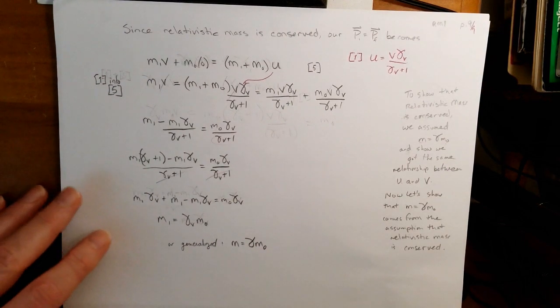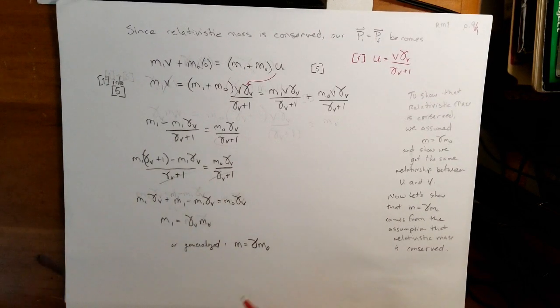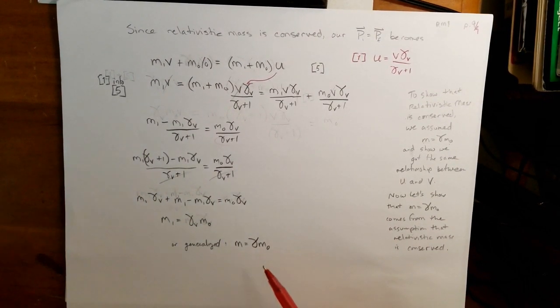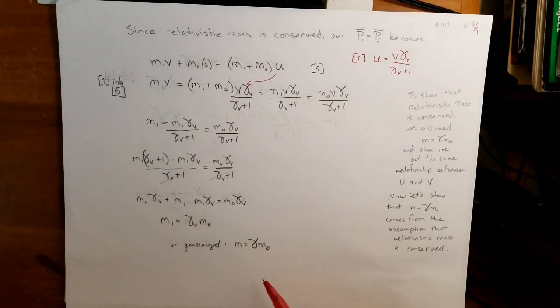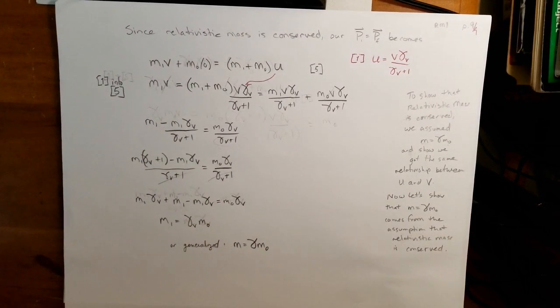I do want to point out at this point that there are some physicists who are perfectly fine with talking about relativistic mass, and others who say it's not the mass that's relativistic, it's the momentum. And to me, it's potato potato.